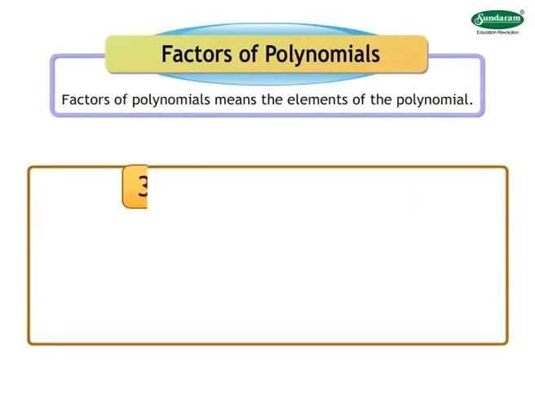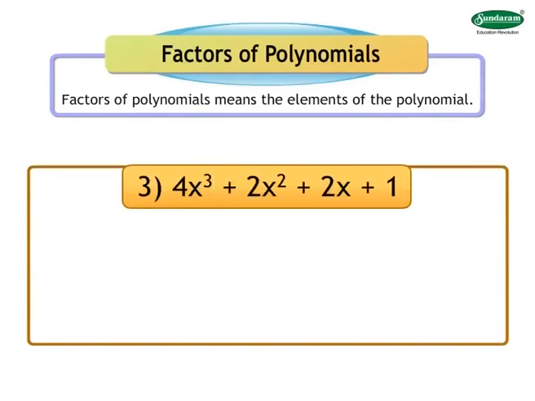3. 4x cubed plus 2x square plus 2x plus 1. As said earlier, all the terms are positive, so the signs will remain unchanged. In this sum, we will take the first two terms together, that is 4x cubed plus 2x square, followed by the next two terms together, that is 2x plus 1.